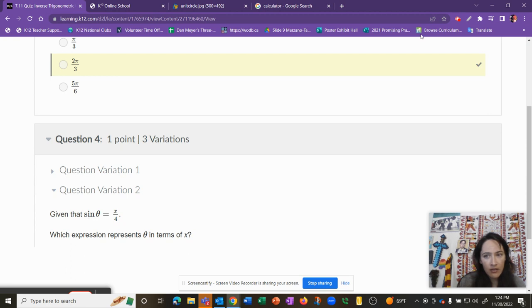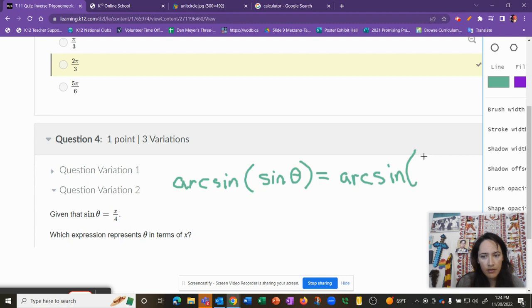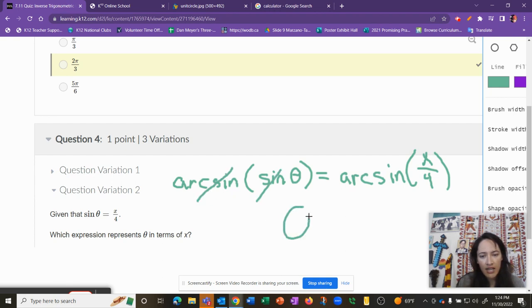So we're looking for this idea that if I take the arc sine of the sine of theta, some angle, and you have to do it to both sides, arc sine of x over 4, this is the inverse of this, so we get theta all by itself.